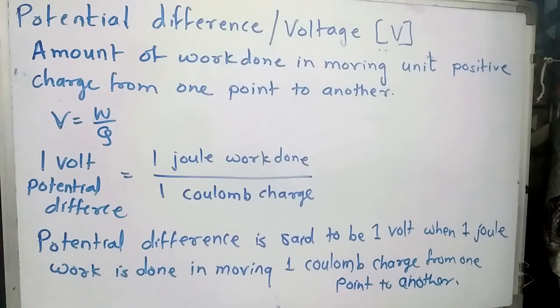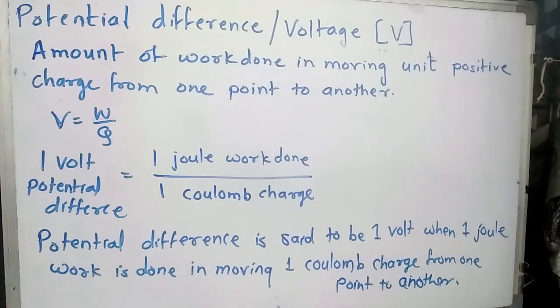It is the amount of work done in moving a unit positive charge from one point to another. When we move a unit positive charge from one point to another, how much work is done? That is nothing but the potential difference. So V is equal to W upon Q, where V is the potential difference, W is the work done, and Q is the charge.